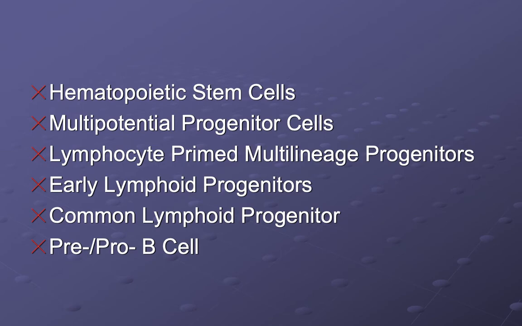Now we have the common lymphoid progenitor, which can mature into natural killer cells, dendritic cells, B cells. These common lymphoid progenitors are responsive to IL-7, okay? And they have already lost their myeloid potential.